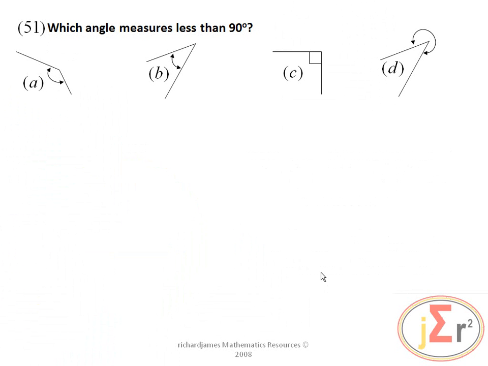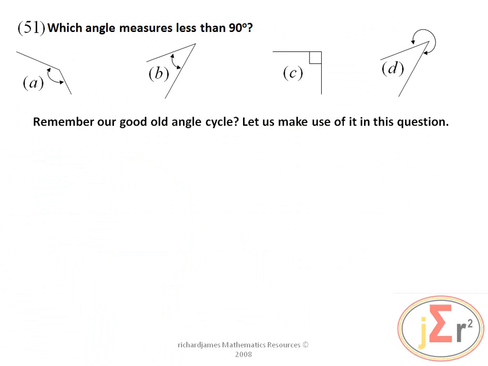Which angle measures less than 90 degrees? Remember our good old angle cycle. Let us make use of it in this question. Alright, so that angle is 90 degrees and it is called a right angle.